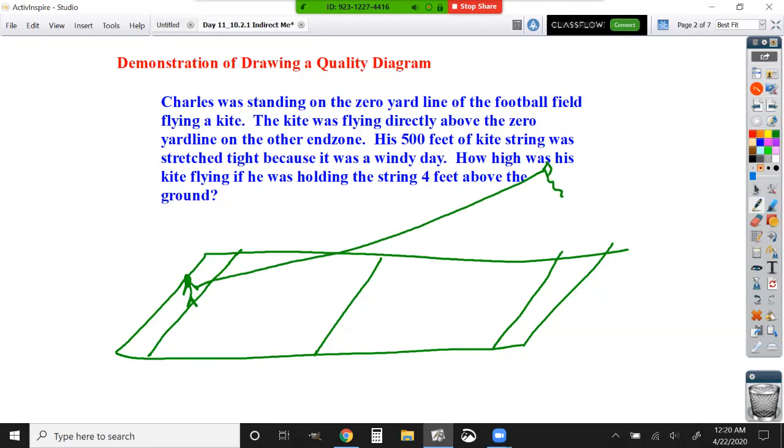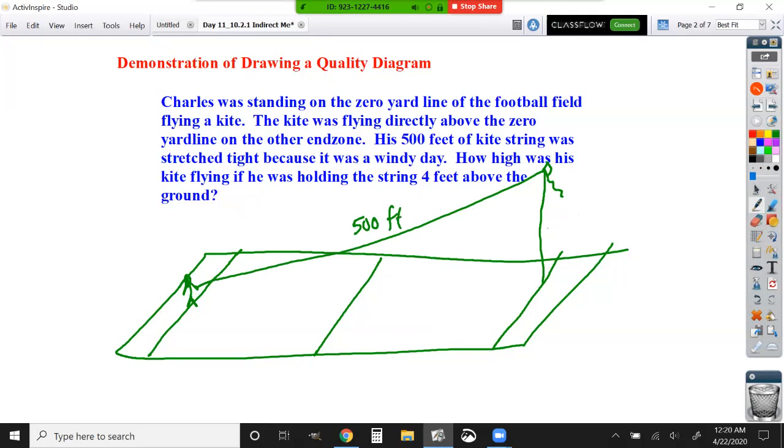Sorry, I have that wrong. I've got it backwards. His kite string is 500 feet, and it's stretched tight.